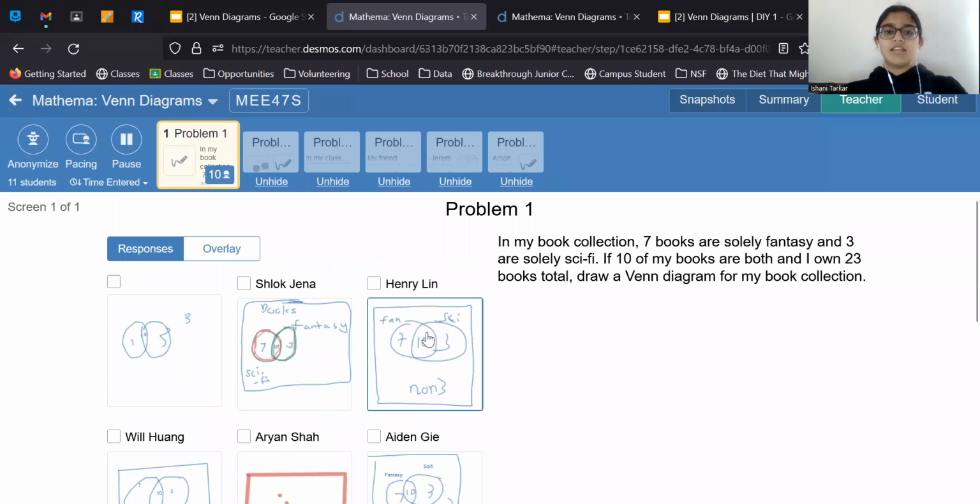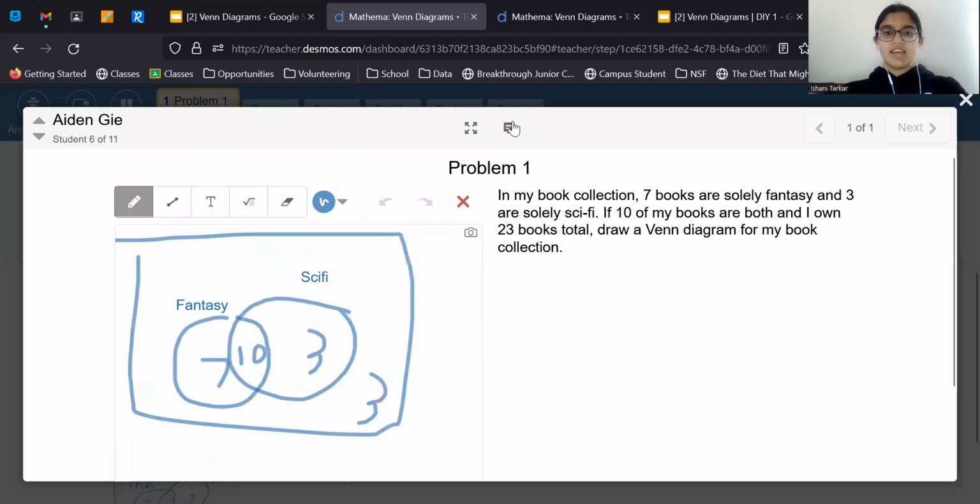Okay, so I'm actually liking Aiden's Venn diagram. So we have 7 books that are solely fantasy, right? So they would be in the circle of fantasy, but outside the intersection of fantasy and sci-fi, which he did. And then 3 books are solely sci-fi. So they're inside the circle of sci-fi, but outside the intersection.